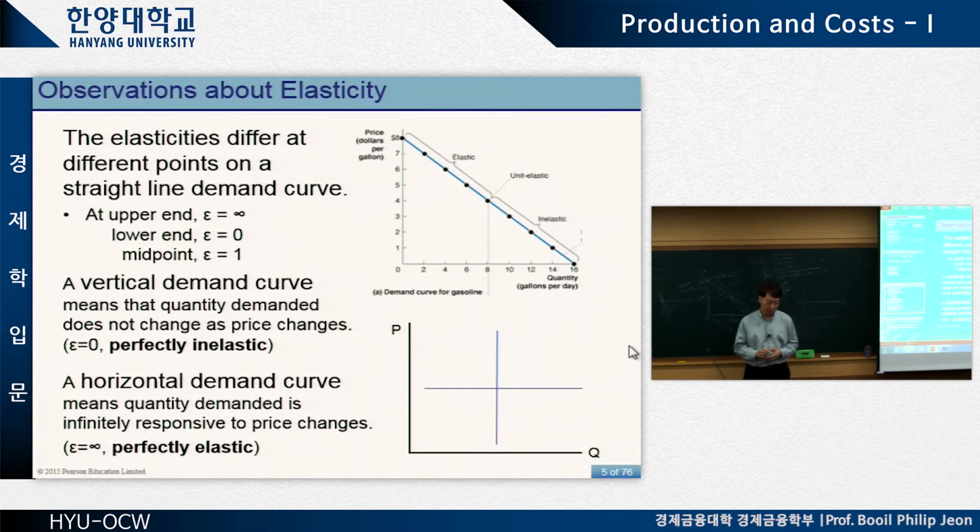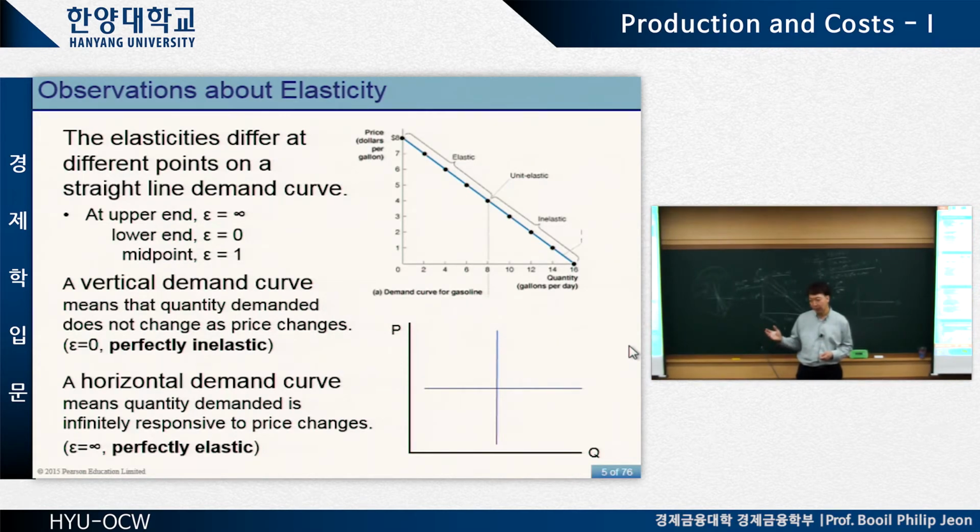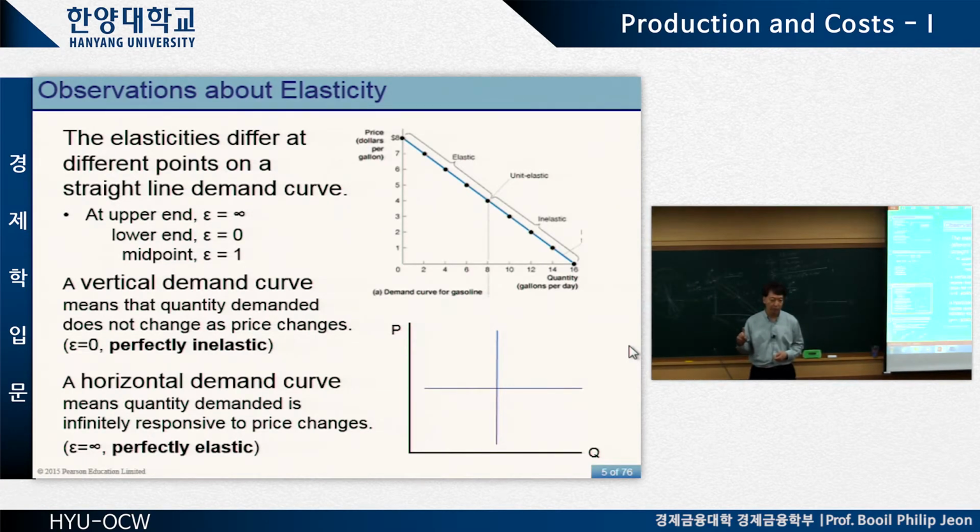But perfect competition requires very stringent conditions, like infinitely many producers who produce identical product. So there are so many producers, but they are producing identical or homogeneous product, which means there is absolutely no difference between A's product and B's product.